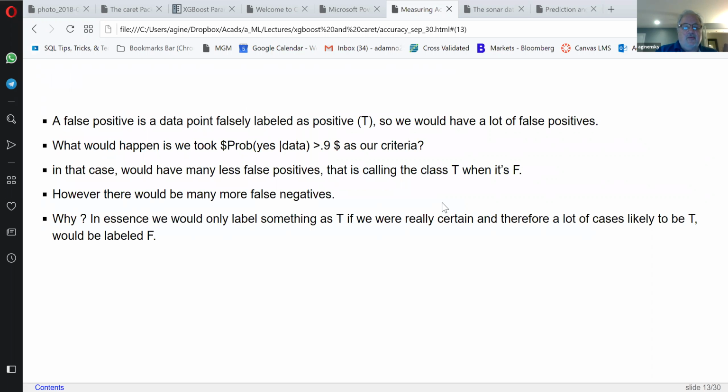On the other hand, if you were very strict and said we demand that there's a 90% probability of something being true, in this case we'd have much fewer false positives. Yeah. There would be a lot more false negatives, though, because presumably when we're demanding a 90% probability, there's lots of cases that will be true, but we're going to declare them to be false, because we basically said only if we're absolutely morally certain, or very close to morally certain that something is true, will we call it.